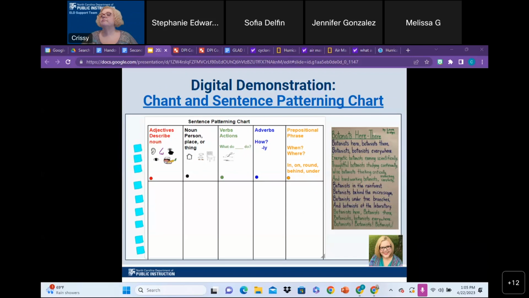While they're thinking about that, I just wanted to say that the sentence patterning chart was also the first strategy that I tried to implement on my own. And I was shocked at how successful I was with it and how successful my students were. I had an observation.